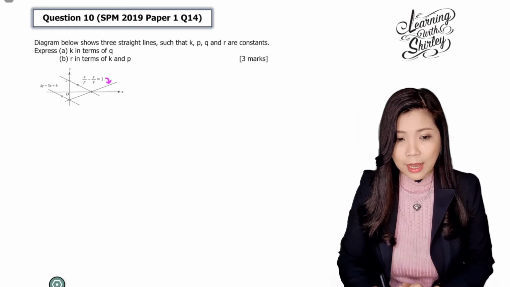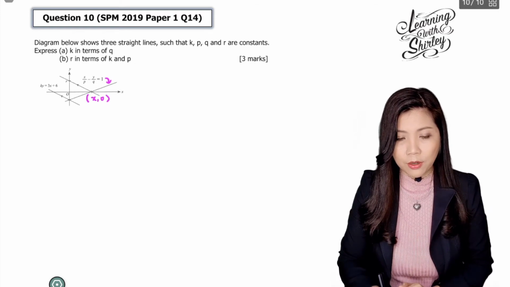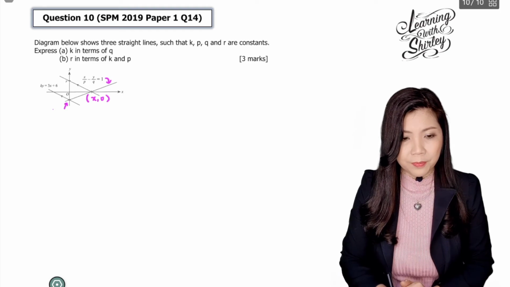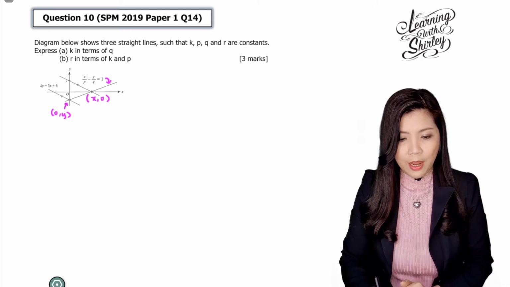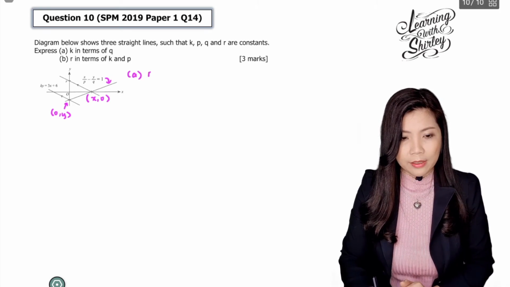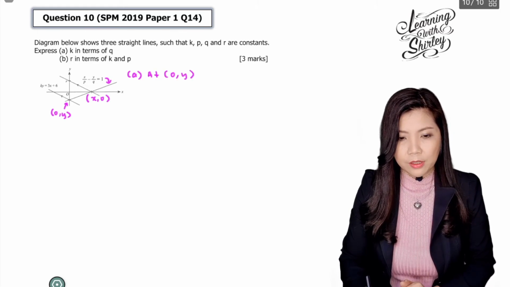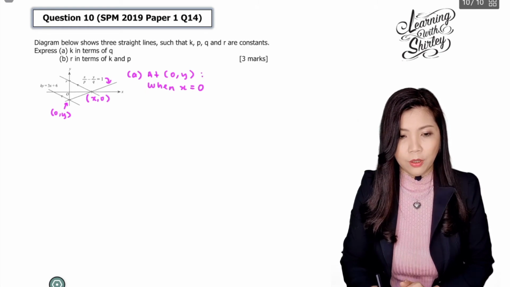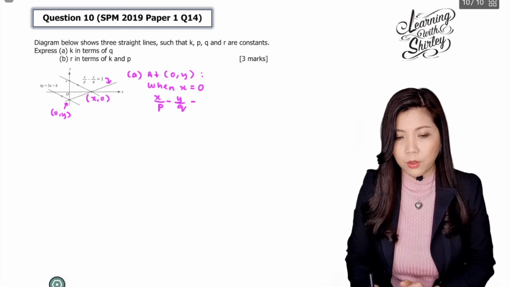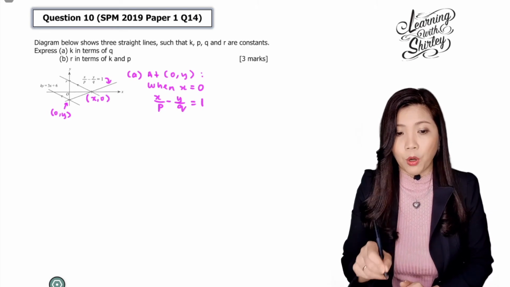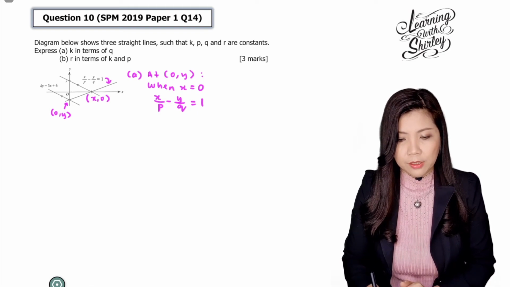So I'm going to label this as x0. This point will be 0y. So let's solve this for A. At the point which is 0y, when x equals 0, I'm going to substitute x equal to 0 into this formula, x over p minus y over q equals 1, because it lies on this line.